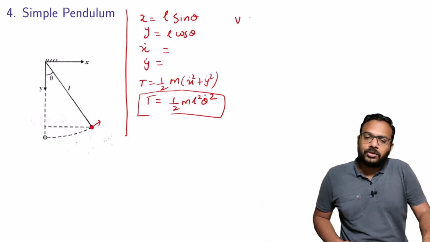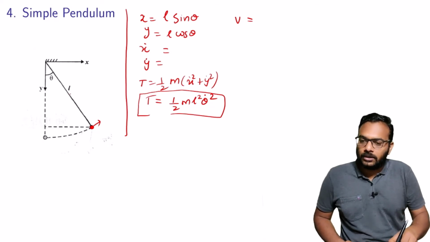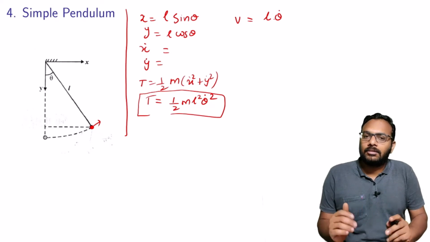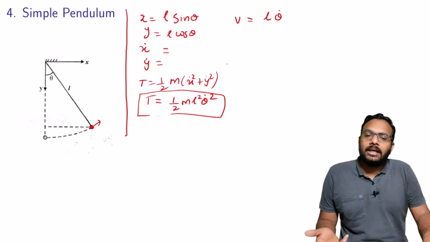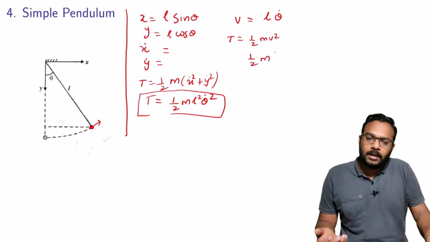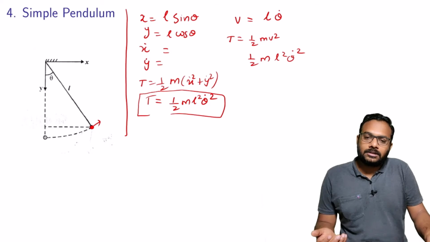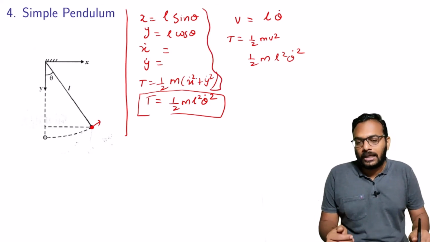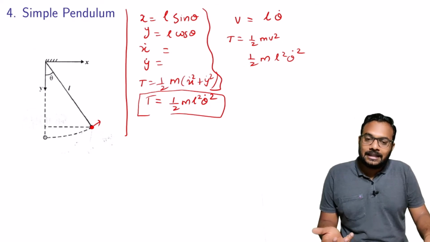It is L theta dot, just like v is equal to R omega. The kinetic energy is half m v squared, which equals half m L squared theta dot squared. So you don't have to do all these transformation equations. You can if you like, but in this case it's easy.